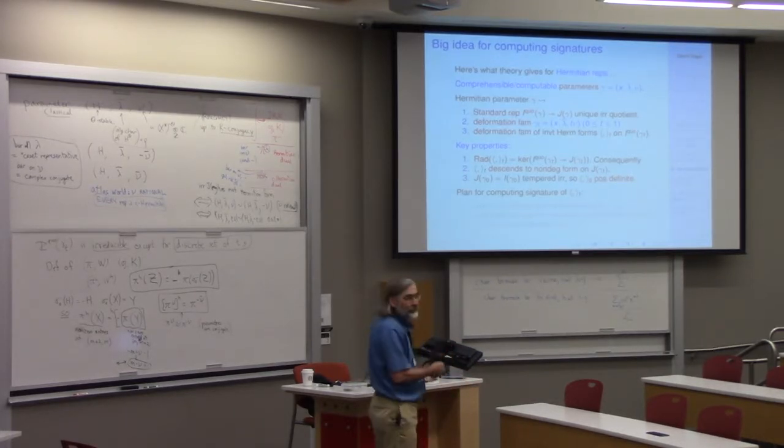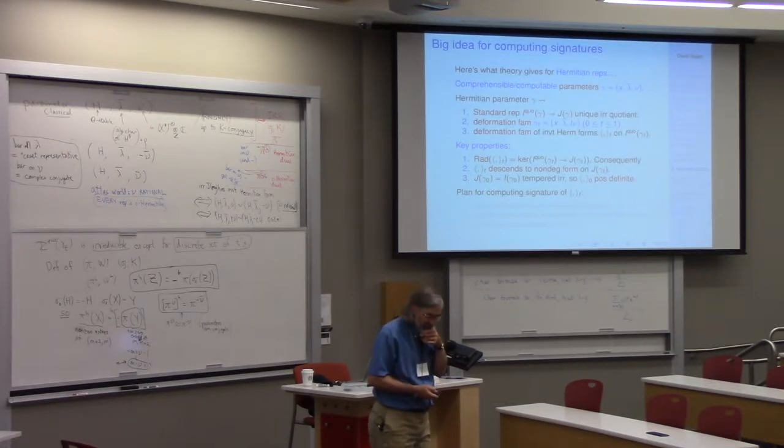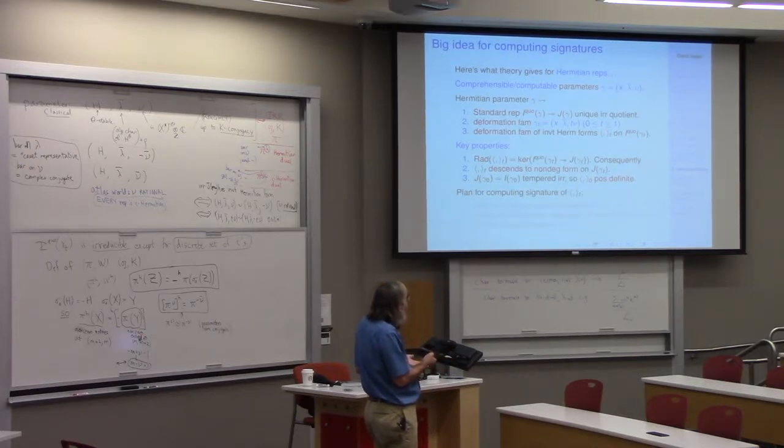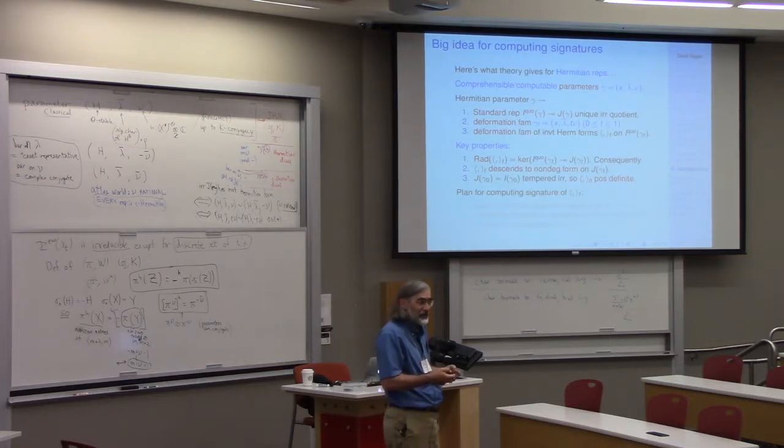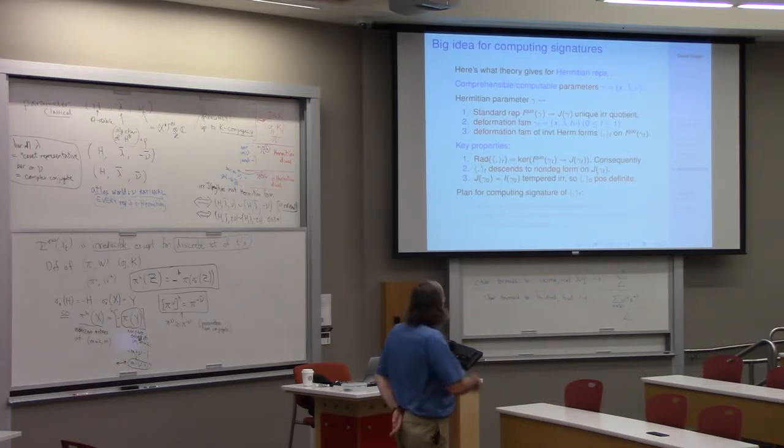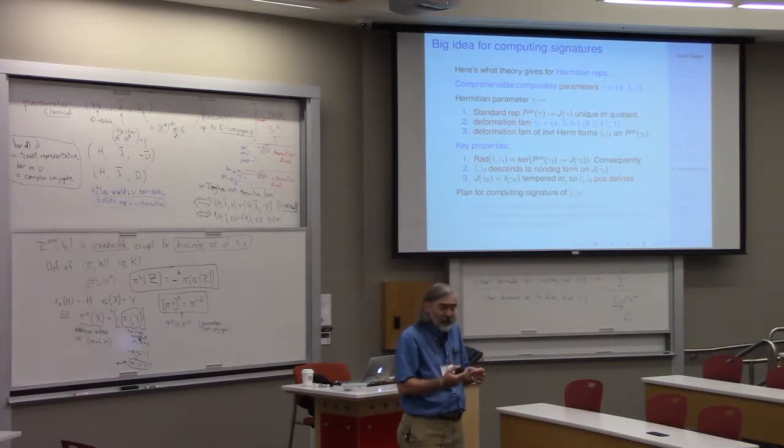Yeah, but unitarity is talking about the quotient, not about the standard. Yes, that's right. But we have this family of forms on this fixed space, and we compute the signatures. The signatures will have some zeros in them, but we compute the signatures of that family of forms on that fixed space. And so at t equals 1, the form will be degenerate, but nevertheless semi-definite. On the quotient, it will be positive definite.